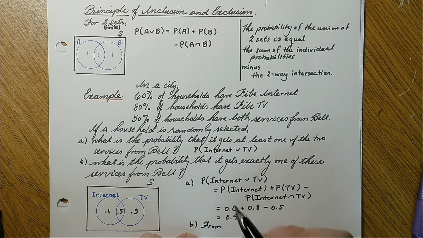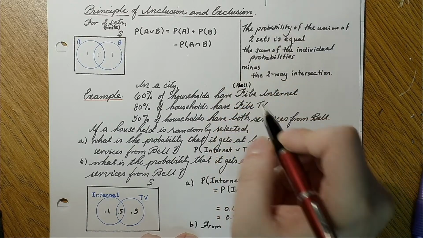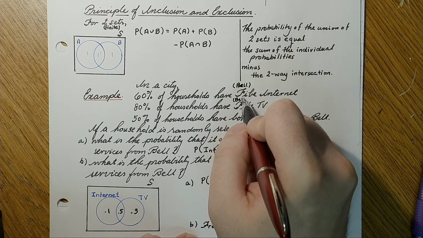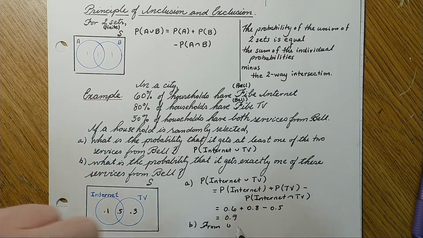Yes, 5 is Bell. Yep. So that's from the Venn diagram.